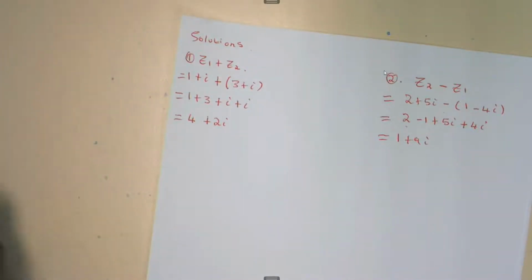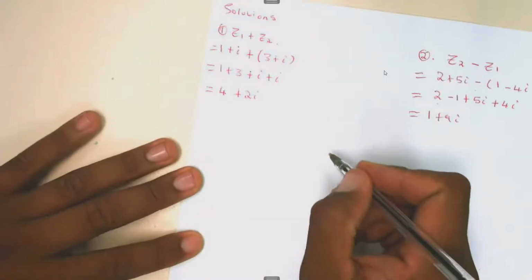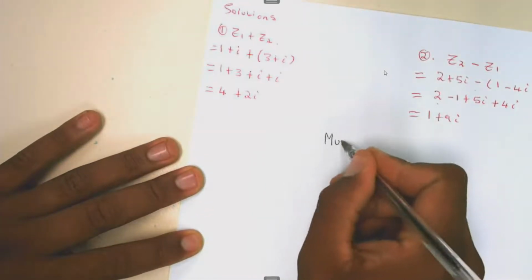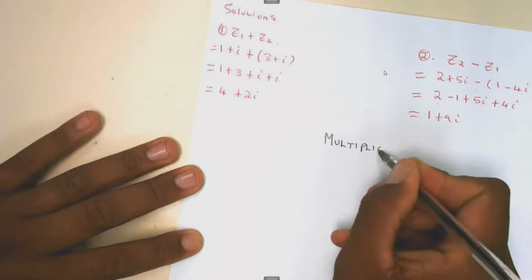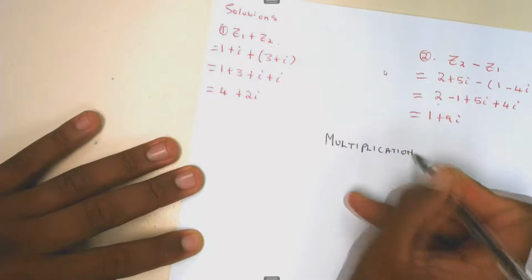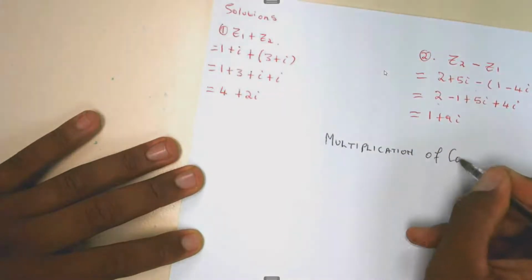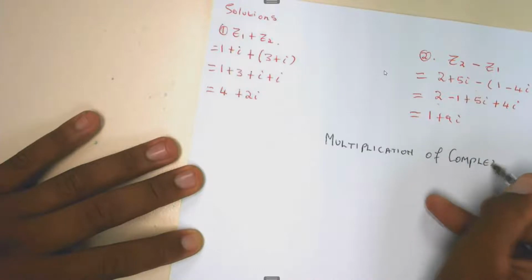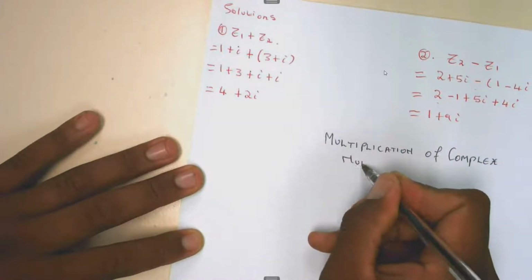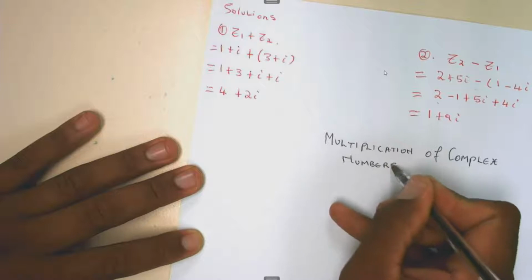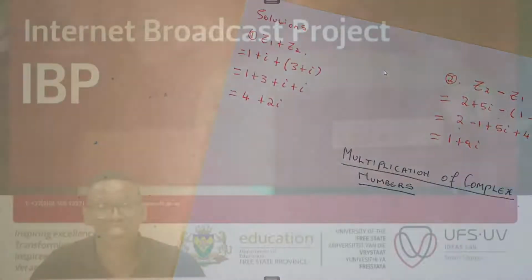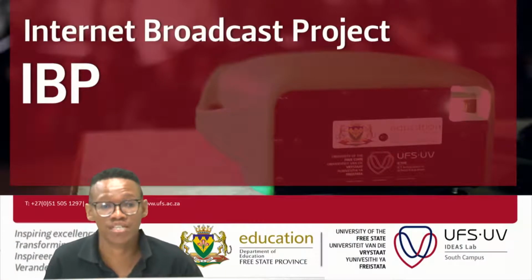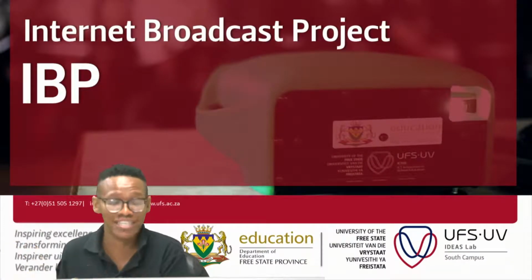Multiplication of complex numbers. Keeping in mind the addition or subtraction of complex numbers is the same as when you add real numbers.